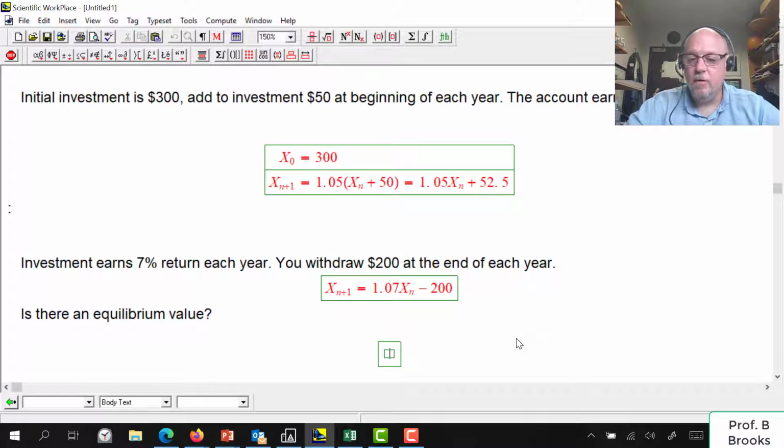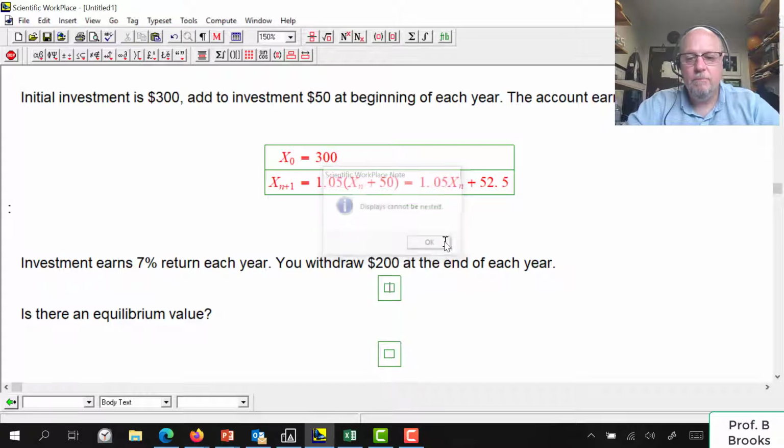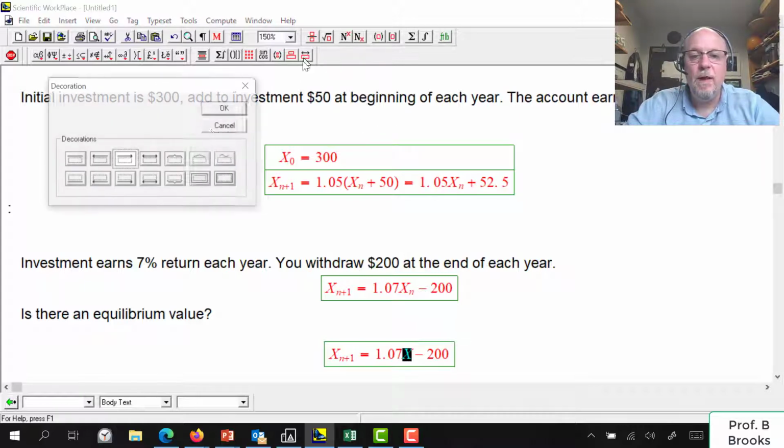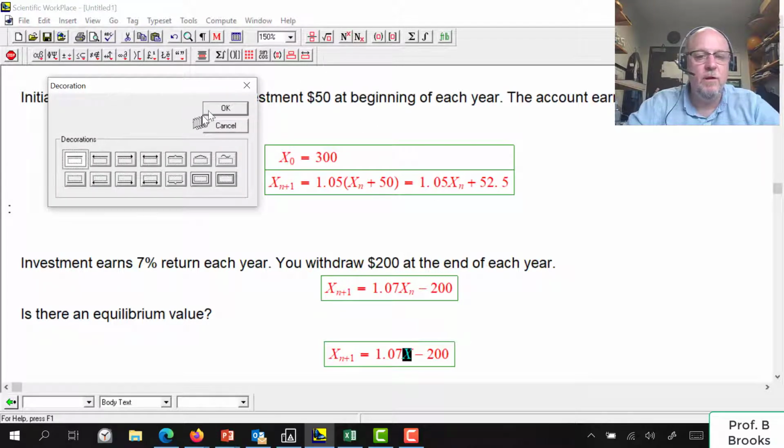An equilibrium value would be some number, some account value, that when I put in here, so let's call this equilibrium value X bar. Some people put X sub E for equilibrium.